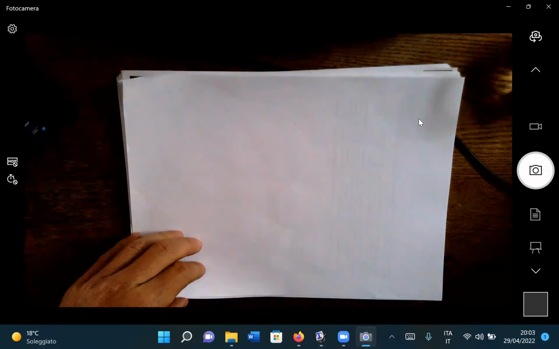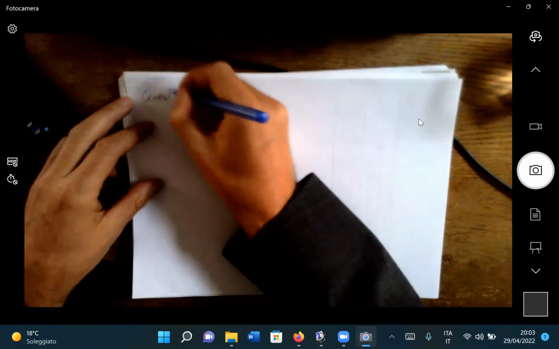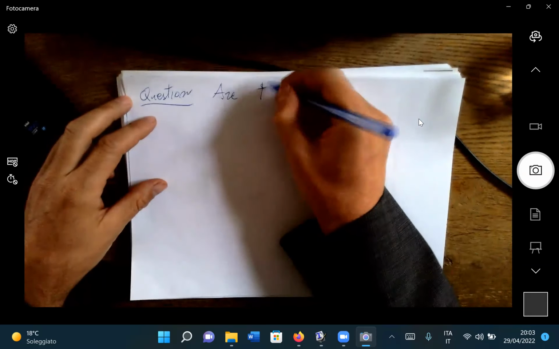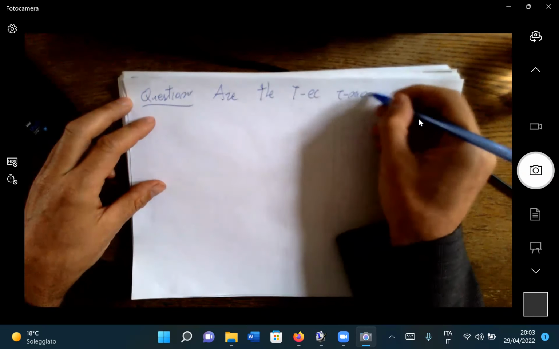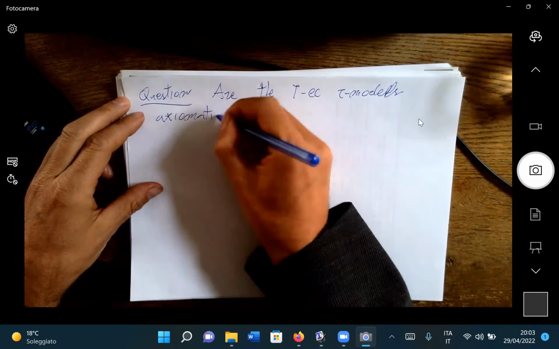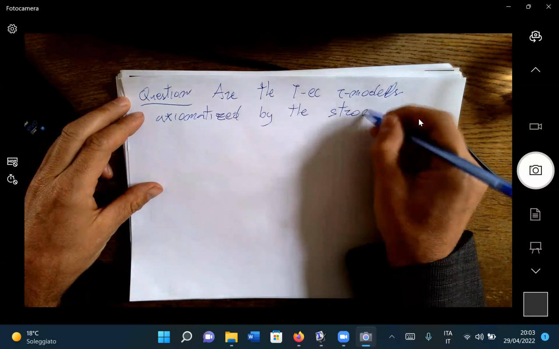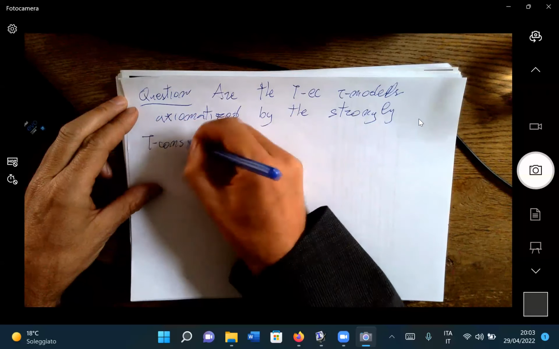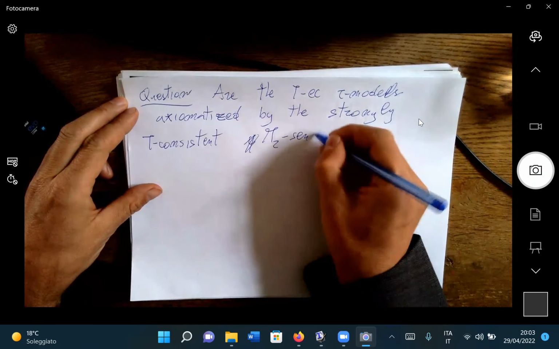Okay. So the question is, are the TEC tau models axiomatized by the strongly T-consistent pi2 sentences?